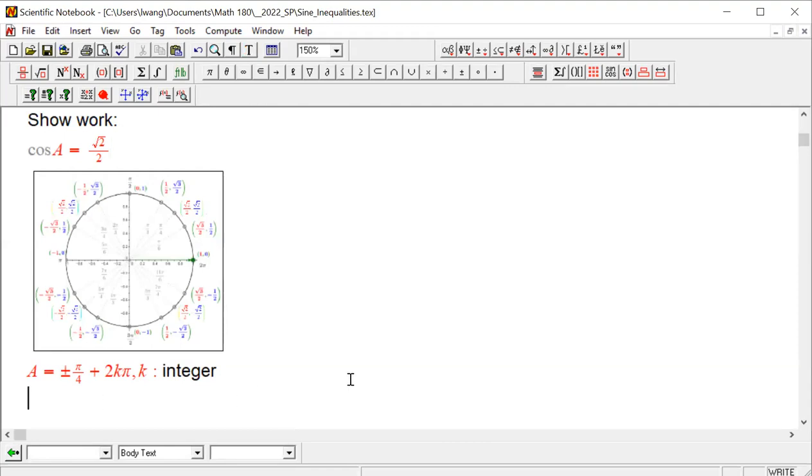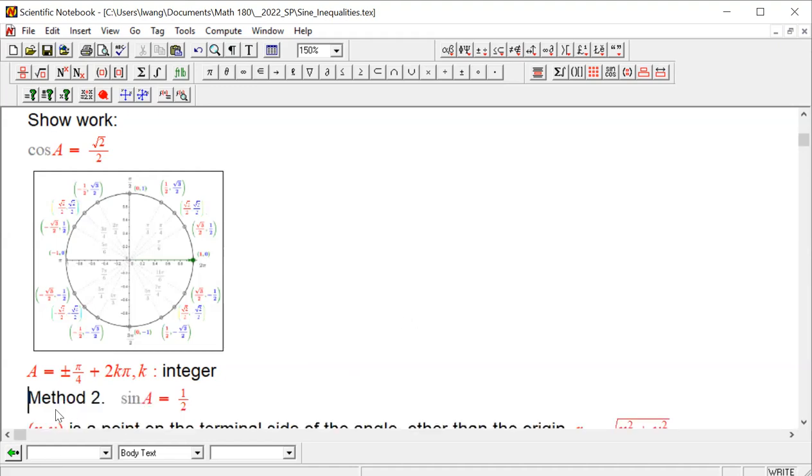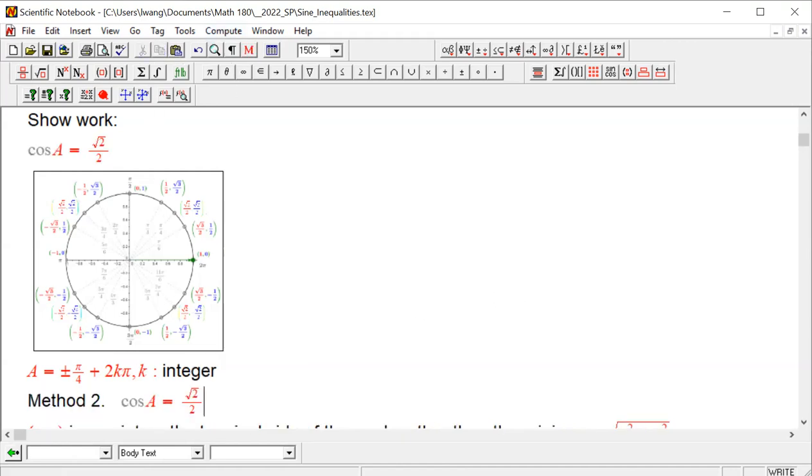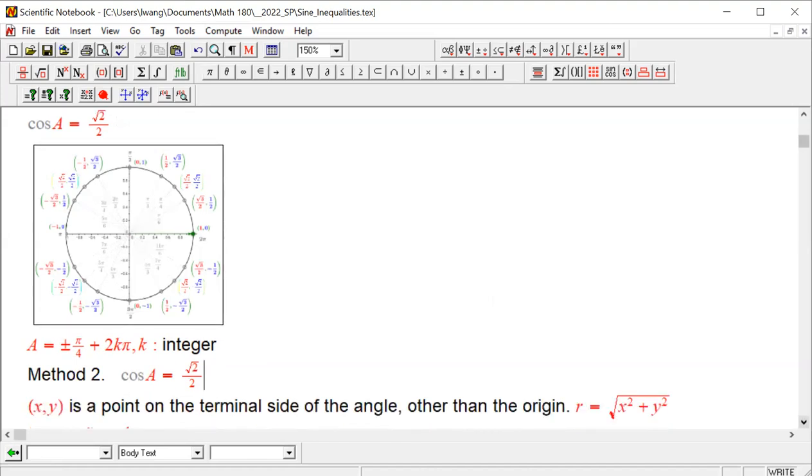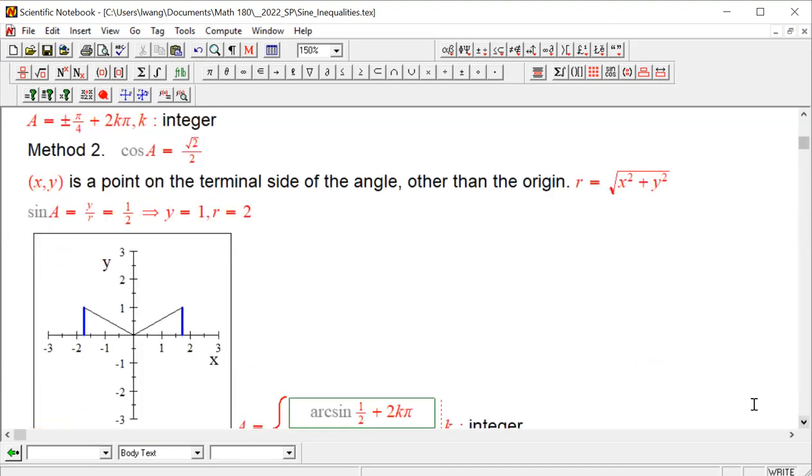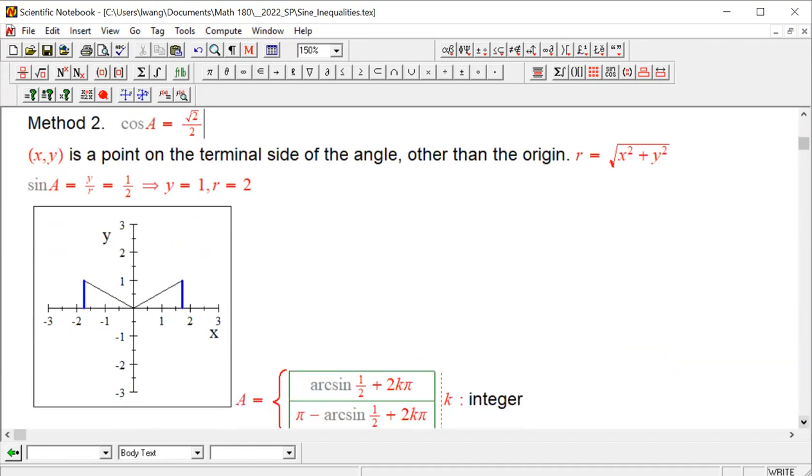So let's look at the second method. The second method, once again, is the same question, but we're going to use the definition. What does the definition say? This time we're dealing with the cosine, and the picture needs to be redone.